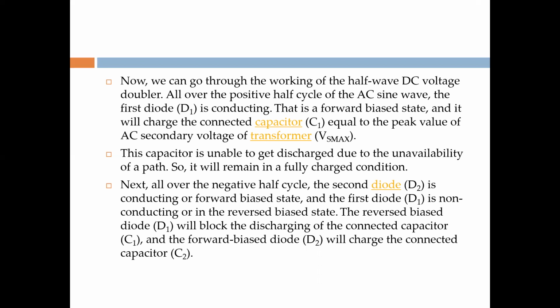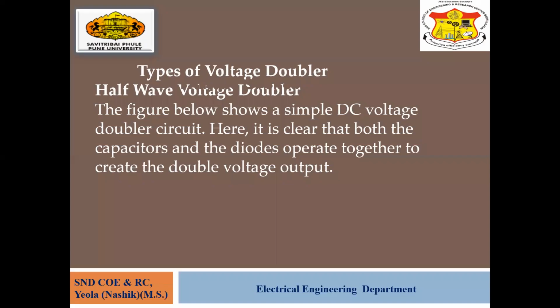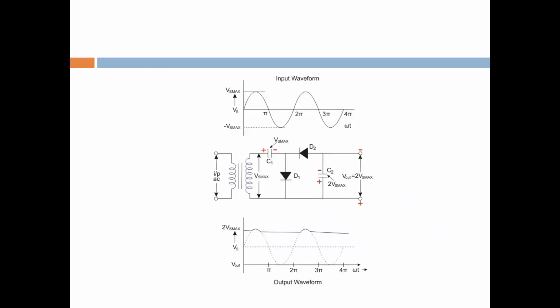So it is going to be blocked. So the forward bias will charge the connected capacitor C1. Now what happened in the second case? D2 is conducting. When D2 is conducting, what is the C here in the diagram? It means this is going to be positive, this is going to be charged. Then C2 is going to be charged.